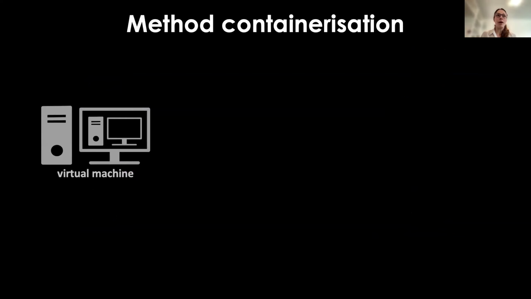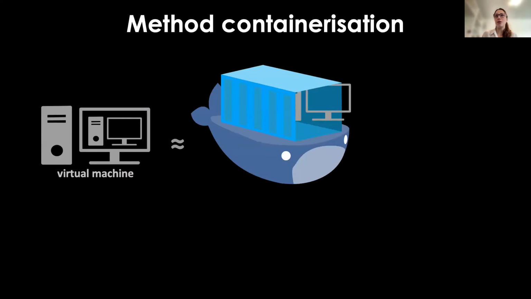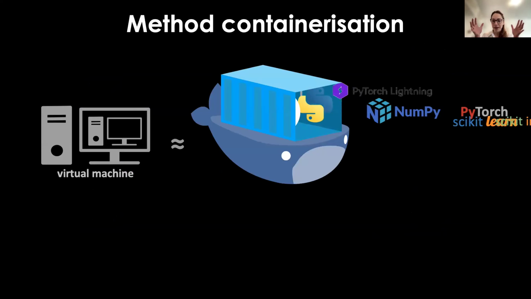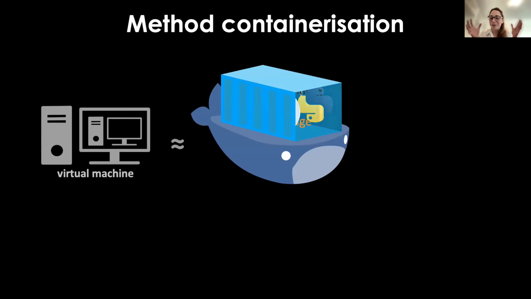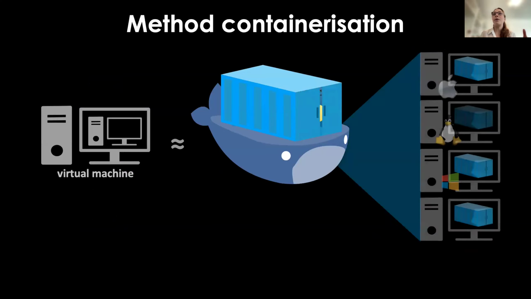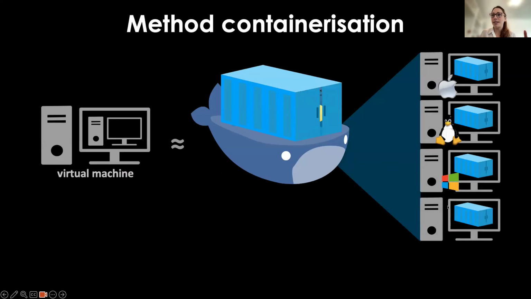One of the most common tools for virtualizing machines is Docker containers. Very simply, we build a box, a container, that has all these very specific dependencies with their versions, and then we are able to distribute these boxes across systems and build these virtual machines, no matter the operating system that we have.